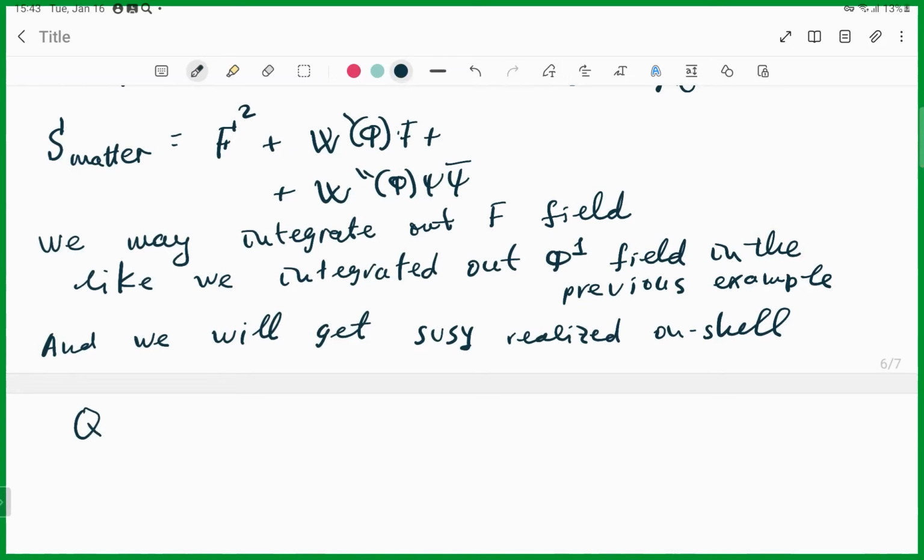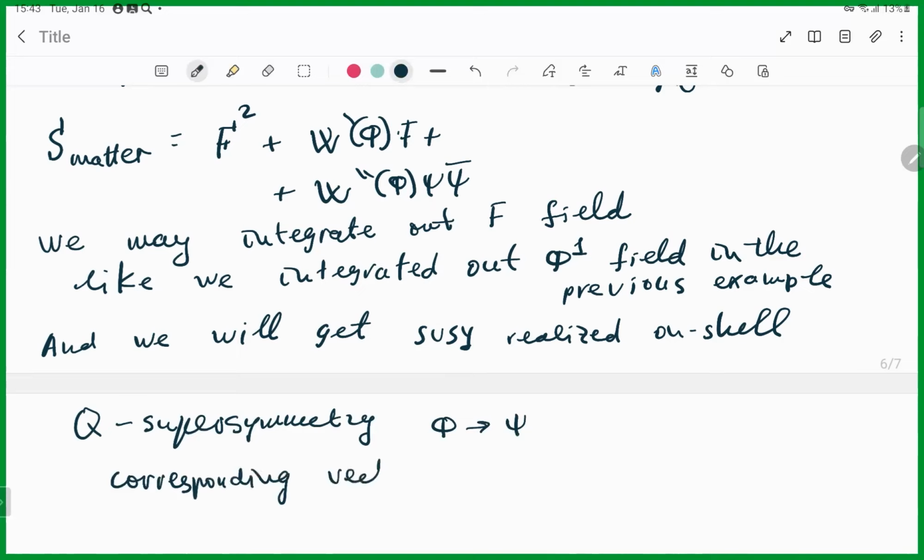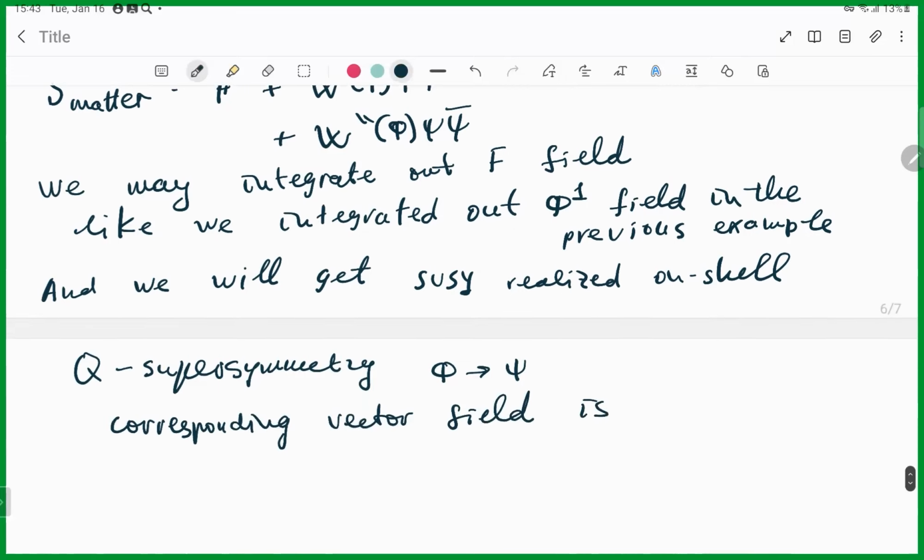Say we have Q, and the corresponding vector is phi star psi. And here we put epsilon.